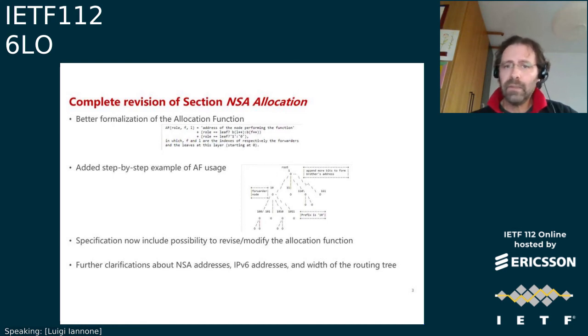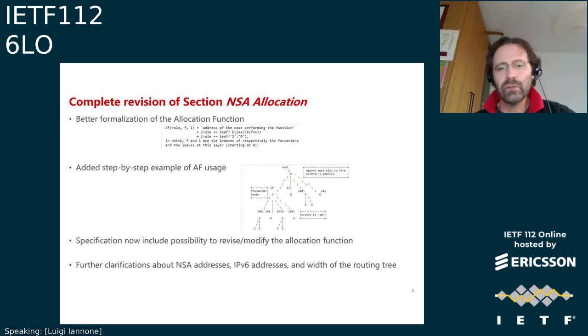Yet, at the same time, the allocation function is open to be modified if someone wants to. If by any reason someone finds something that allows you to improve one aspect or the other, the specs now allow you to, let's say, upgrade the allocation function.